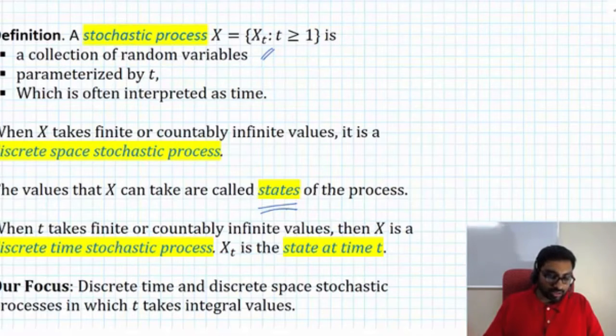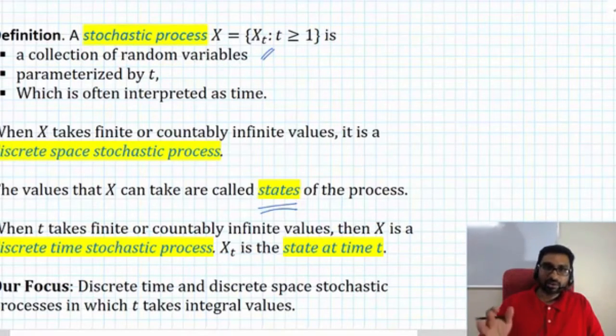And of course, the parameter t also is often finite or countably infinite. And such processes, we call discrete time stochastic processes. And so we can interpret xt as the state at time t.